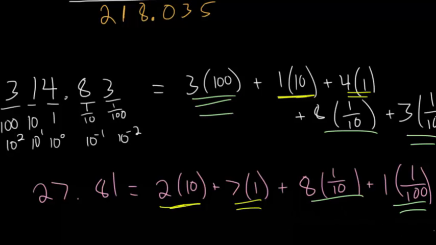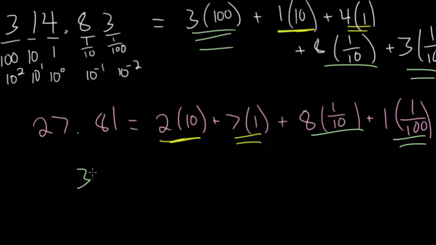So for instance, when we actually add these, we're just in practice going to use the column method. So you get 314.83, and we're adding 27.81 down below. But the reason we just line up the columns together is because that way the tenths will add together, the hundredths will add together, the ones, the tens, and so on.